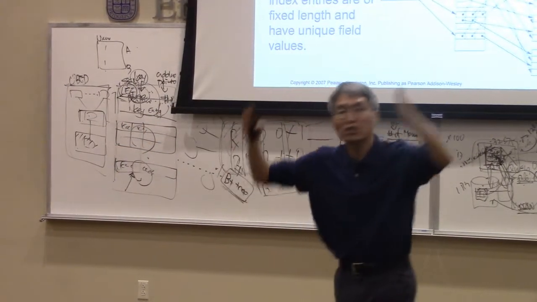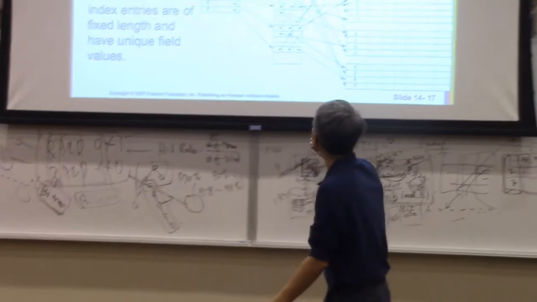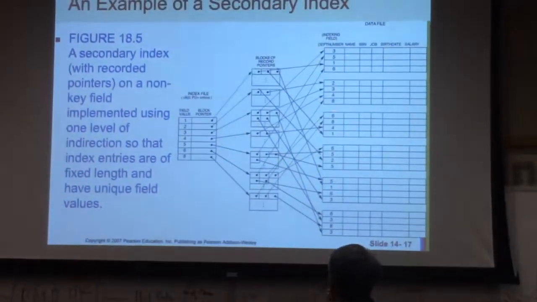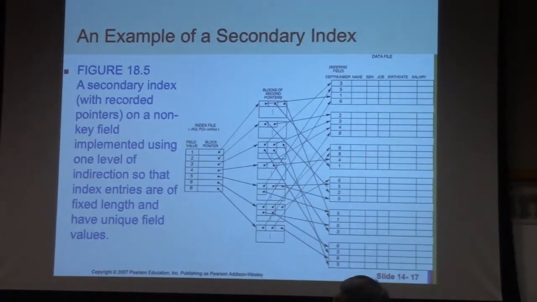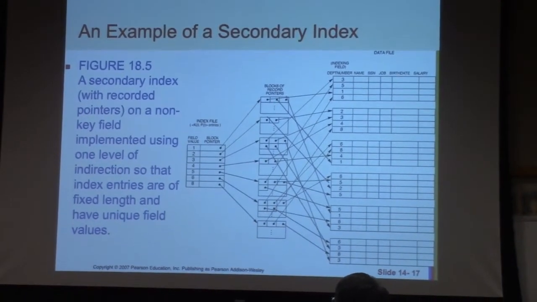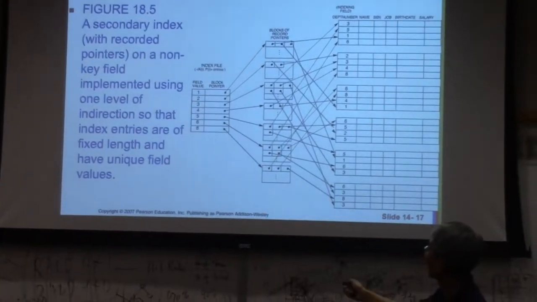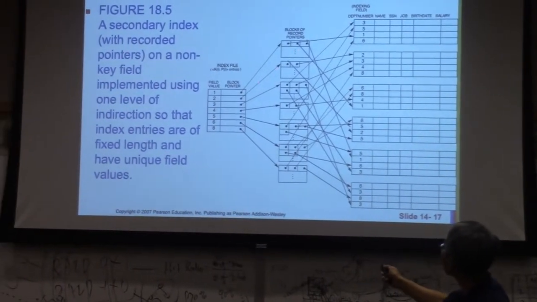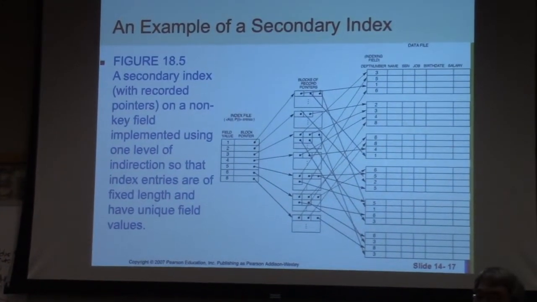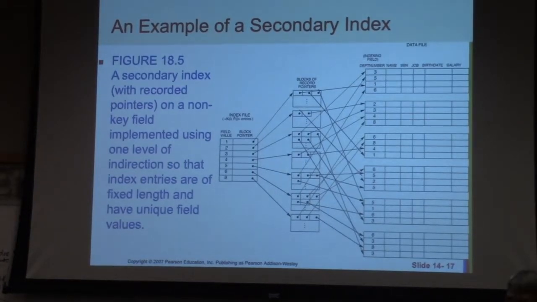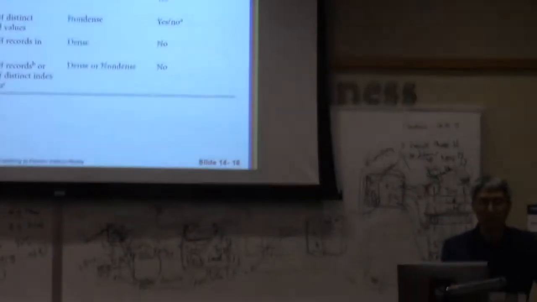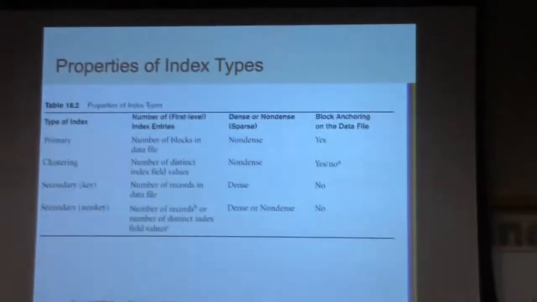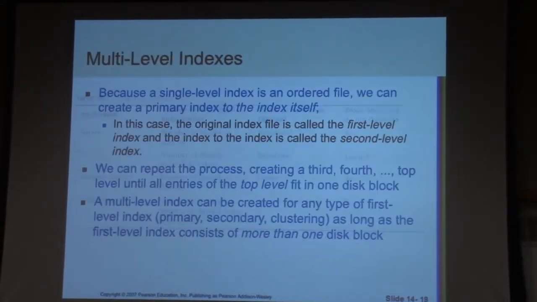So how do you handle it? You can use an array. When you have multiple blocks, you can use an array. So this is not an index. Still, we are saying this is a single-level index because we have a single level. This can be part of the index if we are using an array or list. So this is another example of a secondary index. This is a summary of single-level indexes.